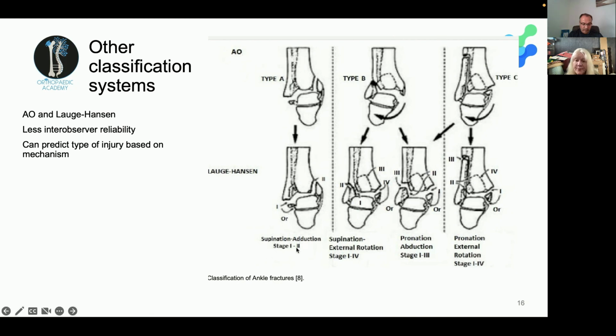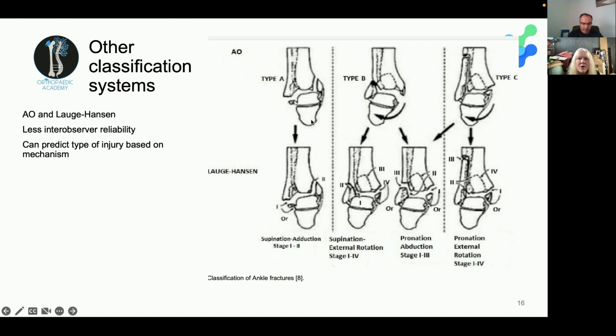Basically, as you supinate and adduct, you go lateral ligament or lateral malleolus, and then you go round till you get to the medial side. And again, as you increase the force through the ankle, a ligament or a bone will be injured. It's nice for understanding your mechanism, but it doesn't really tell you how to fix it.